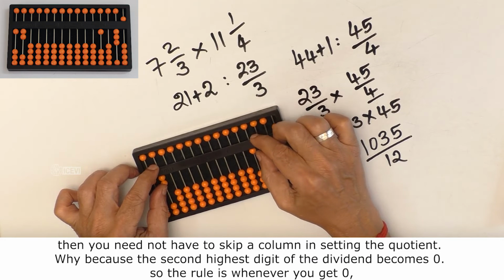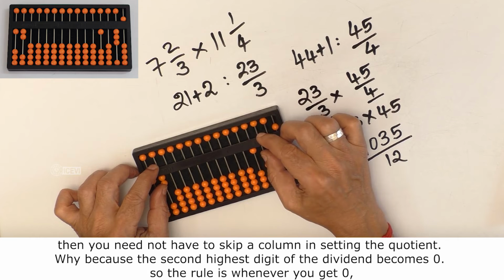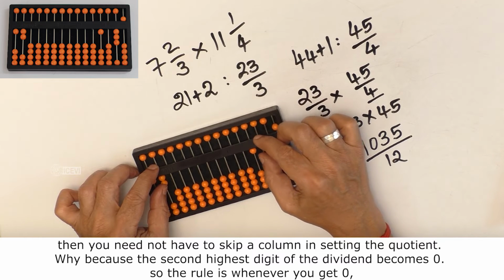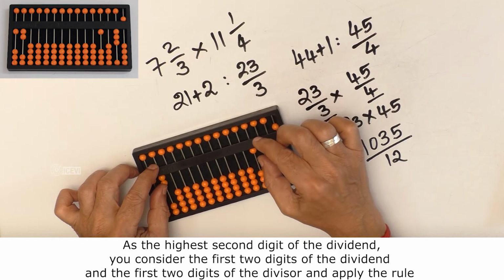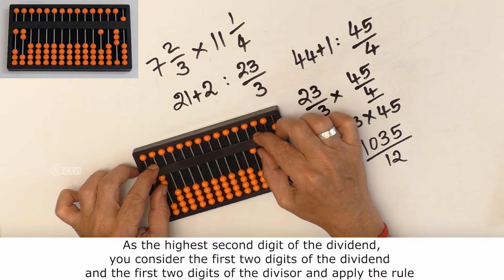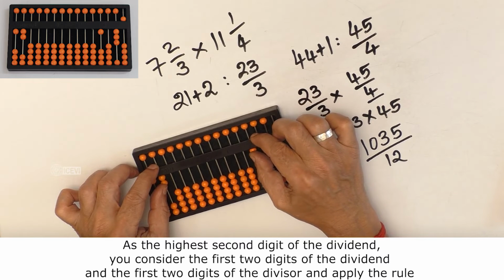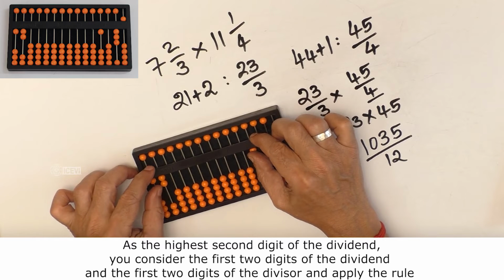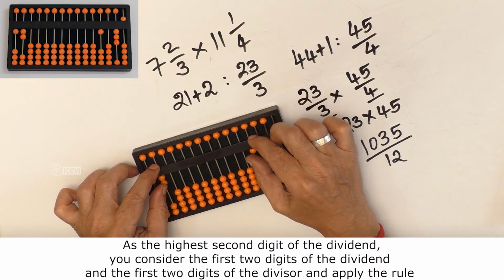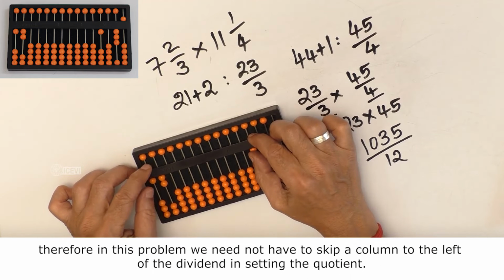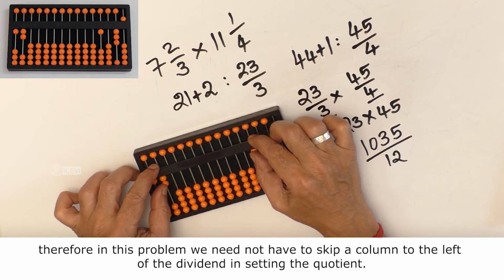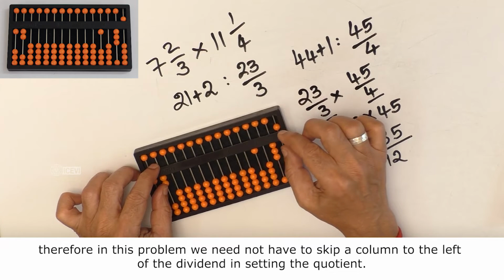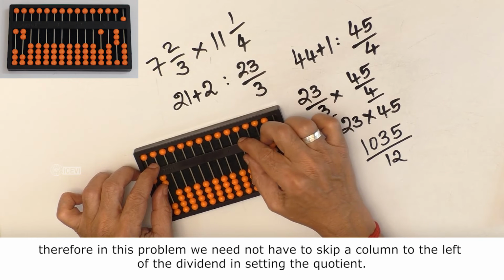Why? Because the second highest digit of the dividend becomes 0. So the rule is, whenever you get 0 as the second highest digit of the dividend, you consider the first two digits of the dividend and the first two digits of the divisor and apply the rule. Therefore, in this problem, we need not skip a column to the left of the dividend in setting the quotient.